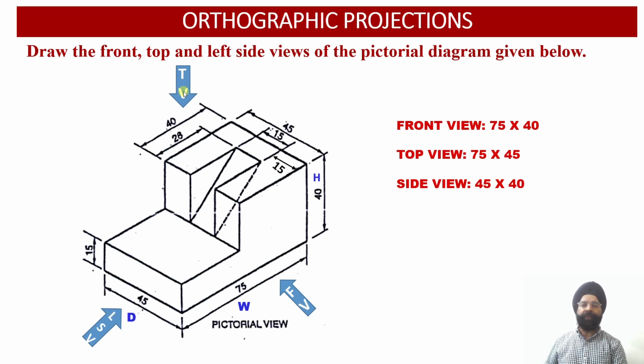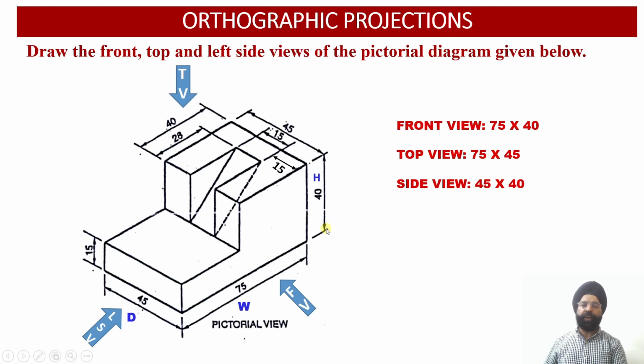The top view is obtained when the solid is observed from above. Now in order to draw the orthographic projections, that is the front view, top view and the left hand side view, first of all we need to obtain the dimensions of each view. From this isometric projection we can check that the width of the solid is 75 millimeter and the height of the solid is 40 millimeter.